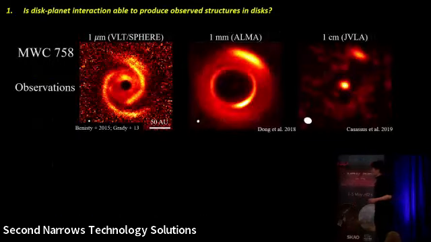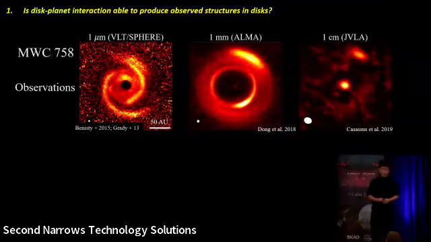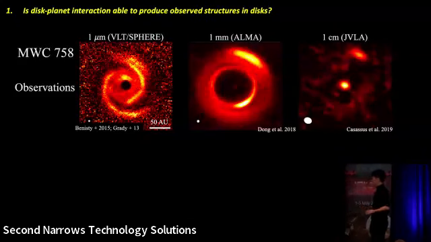So the first question is, at least in theory, is disk-planet interaction able to produce observed structures? Well, here are three images of the same disk, MWC 758, on the same scale, but at different wavelengths. The first panel shows a near-infrared scattered light image, which has a pair of grand design arms at tens of AU in a sort of m=2 rotational symmetry.